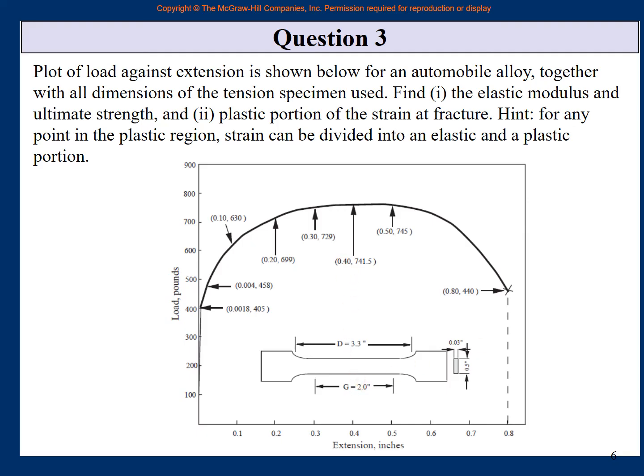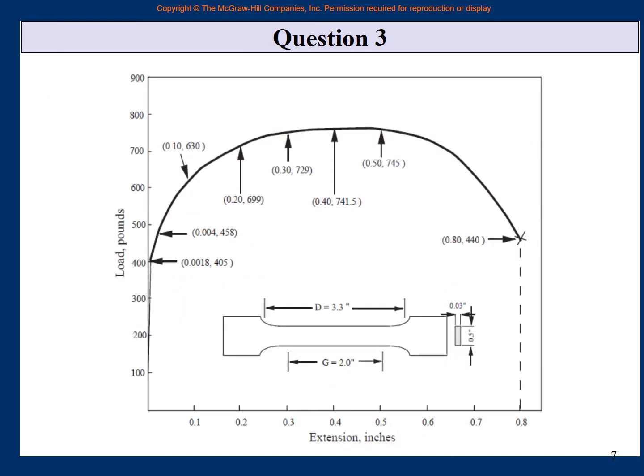So this is one thing that you should be very much aware of, that it was a load and extension diagram. I am showing this diagram just a little larger, just to find a few values. You can see very clearly this is the straight line region. This is the end of the straight line region, and from here the non-straight line starts.